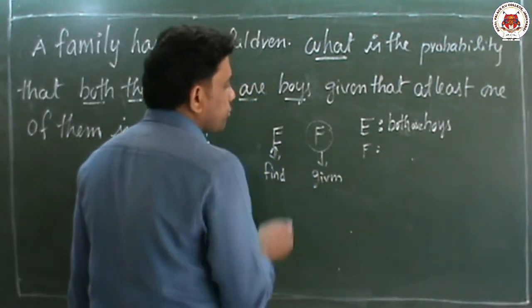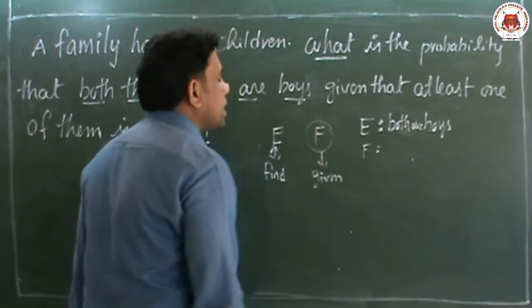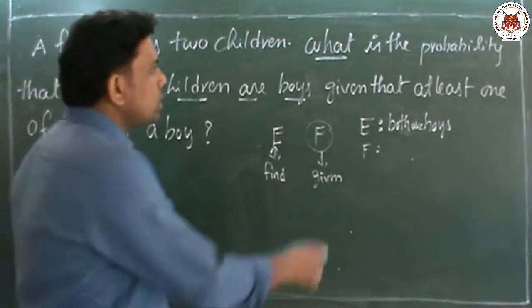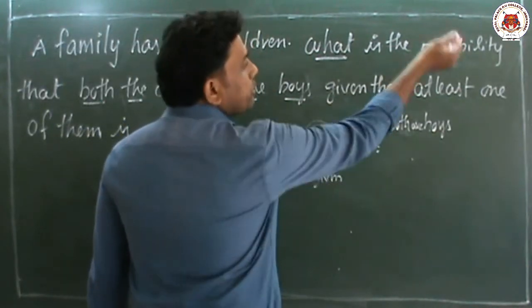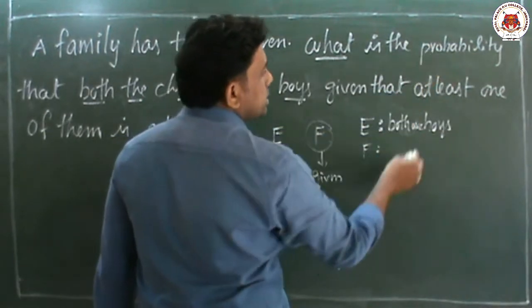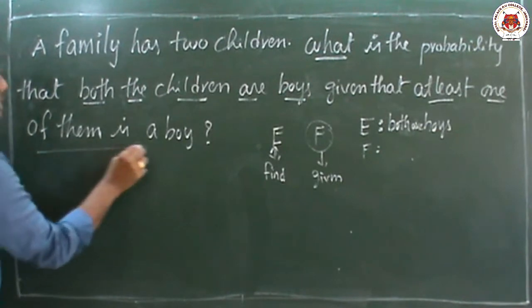The next event is F. How do we identify F? I said F means whatever is given. In the question it is clearly mentioned: given that, after given that, what is the event? At least one of them is a boy.